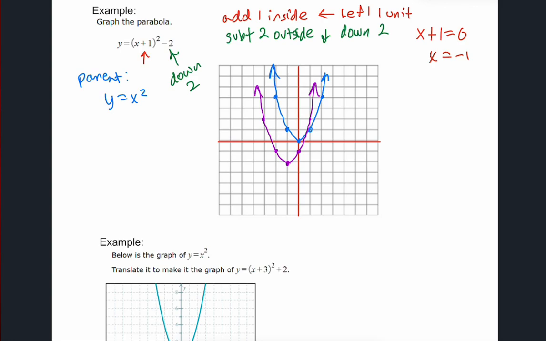Any questions about how to graph that parabola? So our original was the blue one. That's our parent function. We're just going to pick those points up. We're going to go 1 to the left and 2 down for every single point, and that creates the new function.